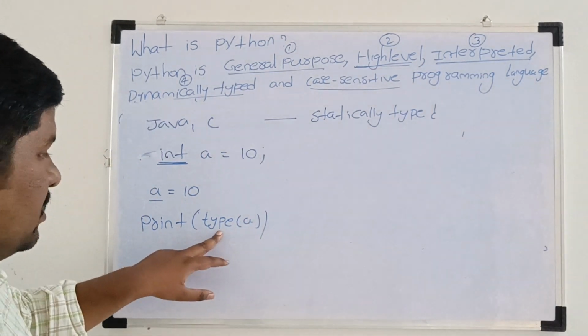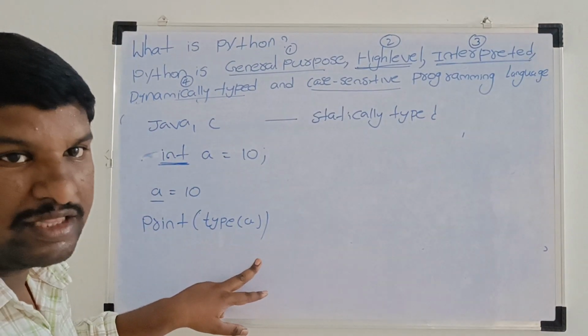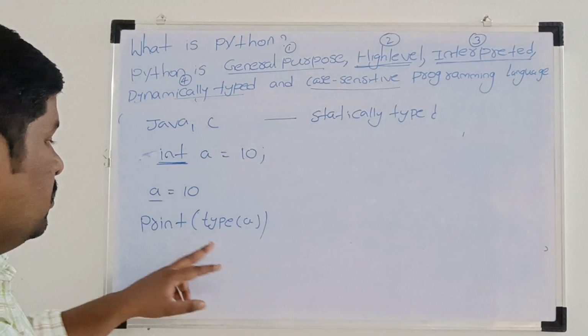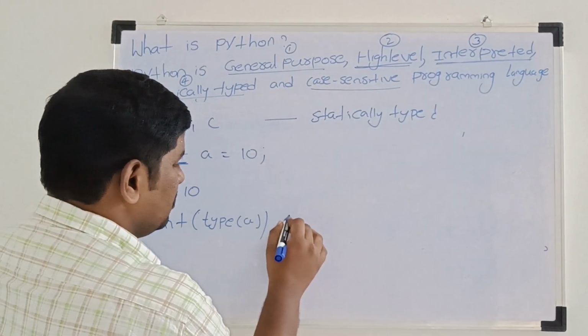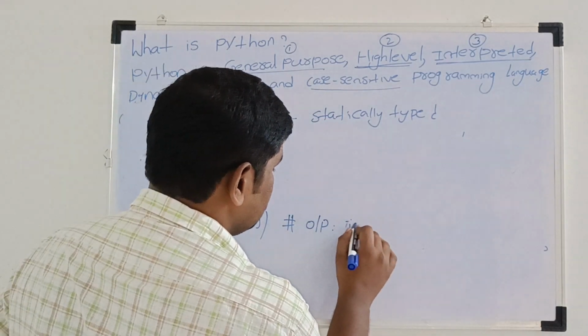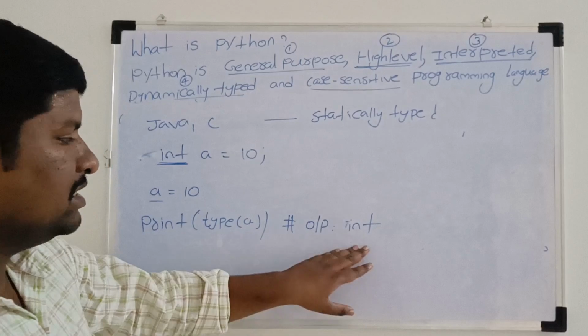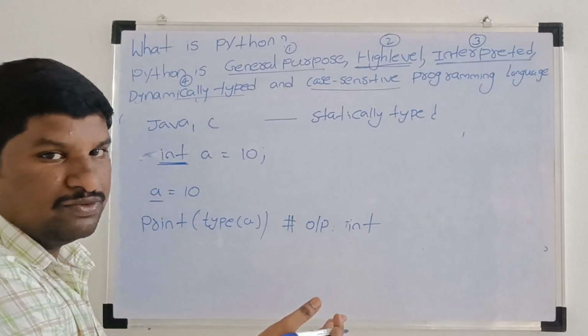Here type is a predefined function in Python. So here it gives an output something like int, indicating that the variable stores an integer value.